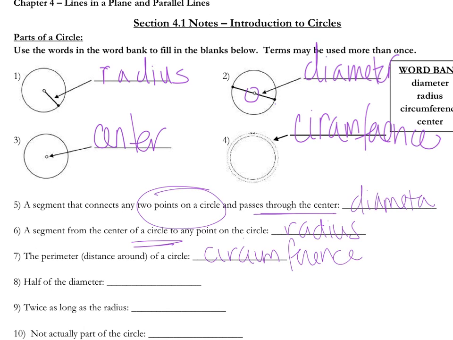So if the diameter is the length from one end of the circle to the other through the center, then half the diameter represents the radius.